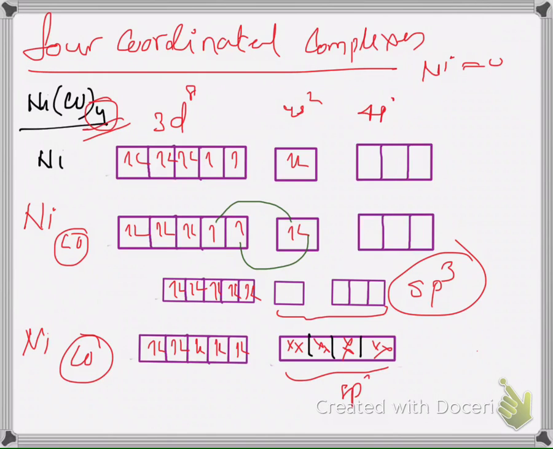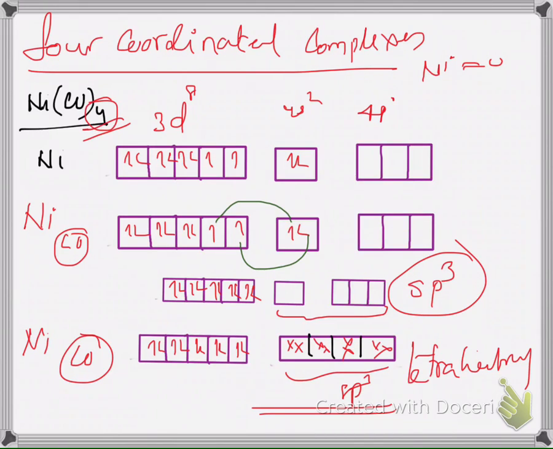For sp3, what shape can we expect? That is tetrahedral shape. So here you don't need to say whether it is outer or inner, because d orbitals are not involved in hybridization.